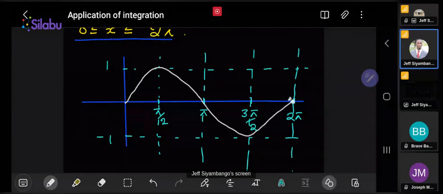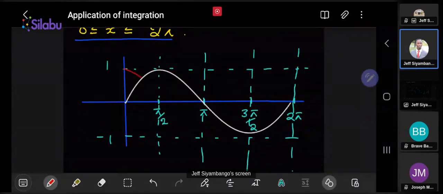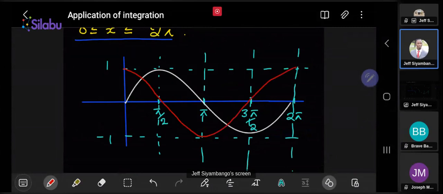Okay, so that is sine. Now, how about cosine? Well, for cosine, we know cosine starts from 1.